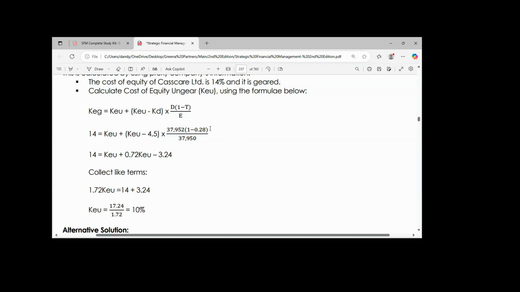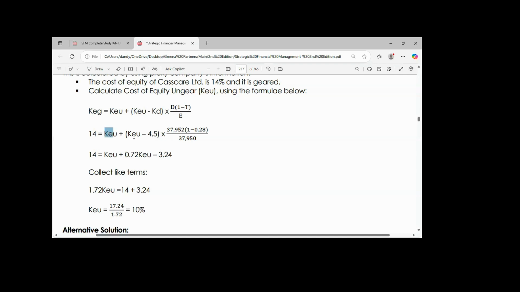Okay. Thank you. So to now get the cost of equity geared, you multiply the 37,952 by 0.72, then you divide it by 37,950. You are going to have 0.72. All you need to do is to expand.